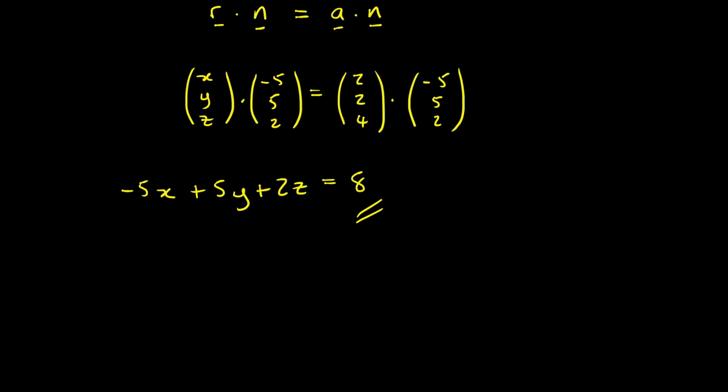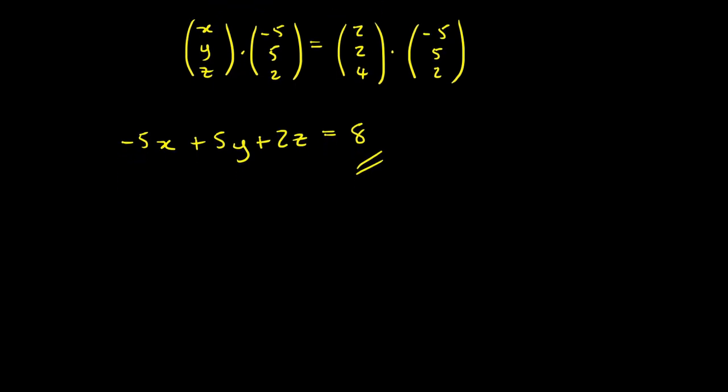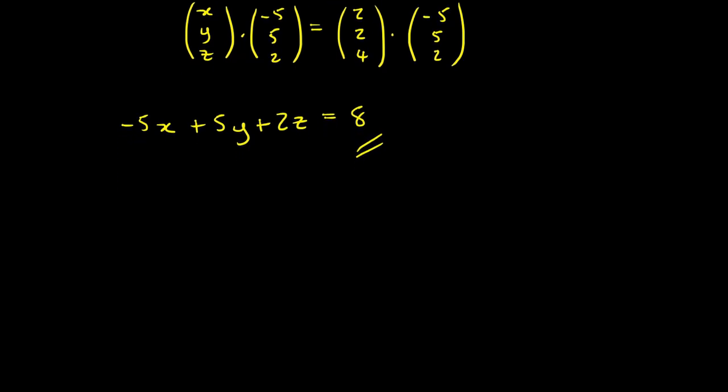Now, having found this, one of the things we could also do is find the shortest distance to the plane. So how can we find the shortest distance? If you remember, we can find the magnitude of the normal vector. So we find the magnitude of (-5, 5, 2). -5 squared is 25, plus 5 squared, which is 25, plus 2 squared, which is 4.